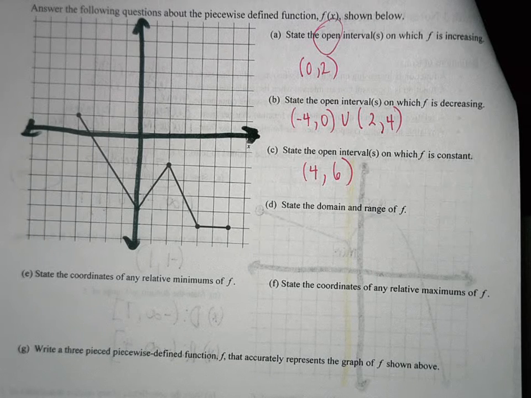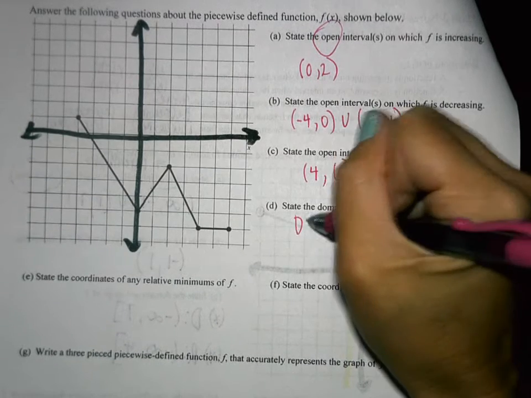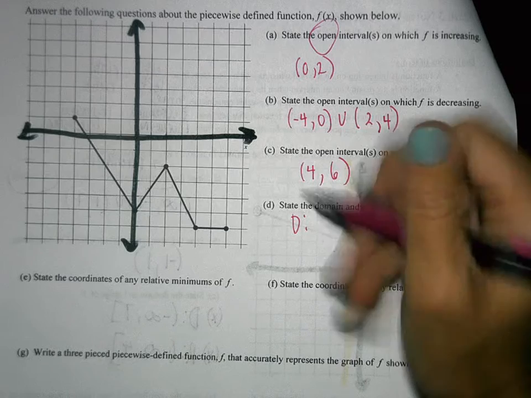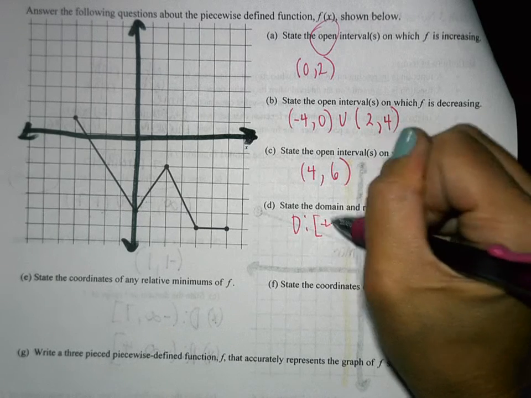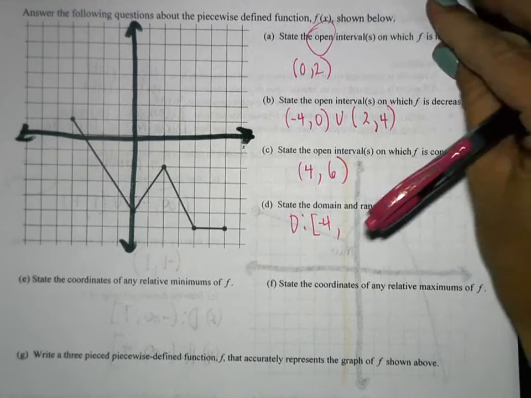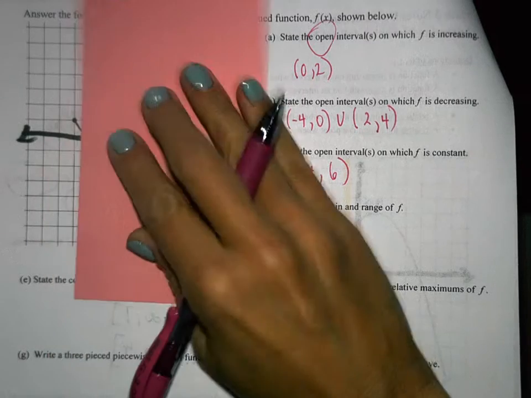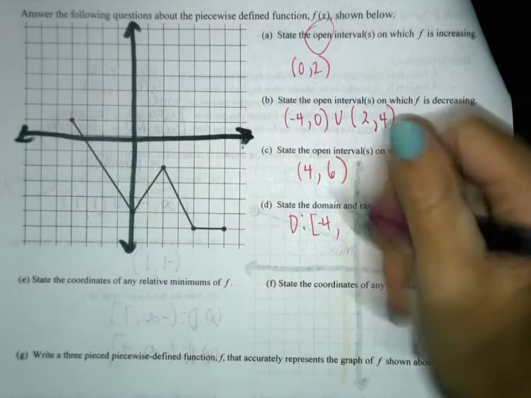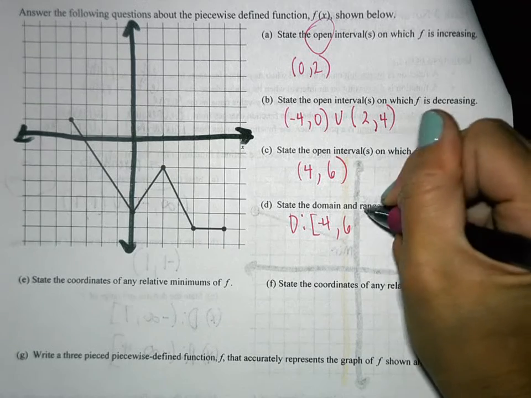All right, state the domain and range. So domain, going from left to right, what is my smallest domain value? Parenthesis or bracket? Good, negative 4, and that goes all the way to what value? So here, negative 4, you went all the way over, and then it stopped there at 6, and will we use a parenthesis or a bracket? Very good.